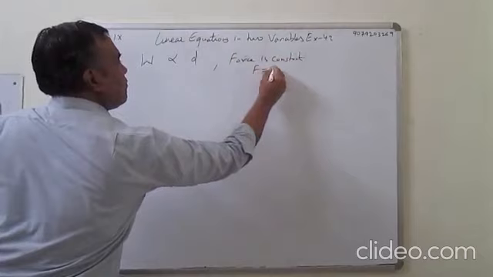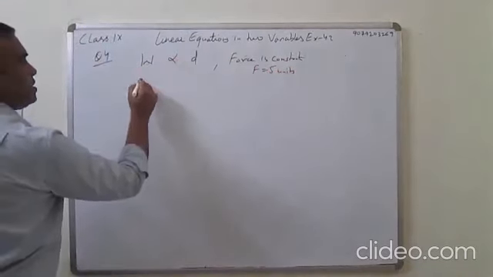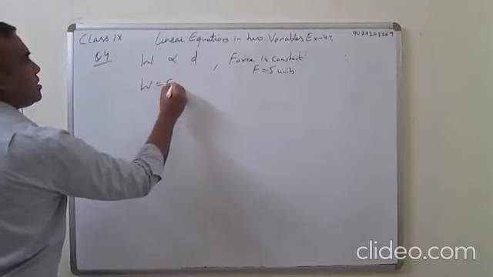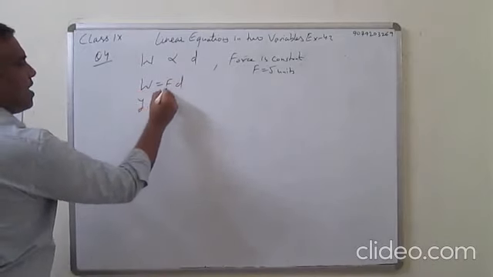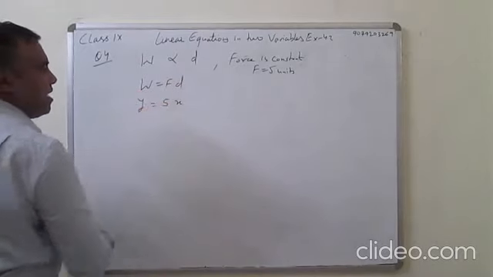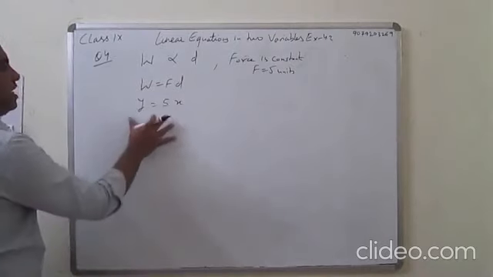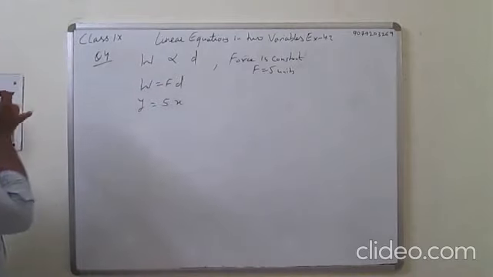F is 5 units given to you. Now if you remove the proportionality sign, you will get the constant of proportionality F, D. Here W you can take y, F you can take 5 and D you can take x. Now this is the linear equation: work done is equal to force into displacement.